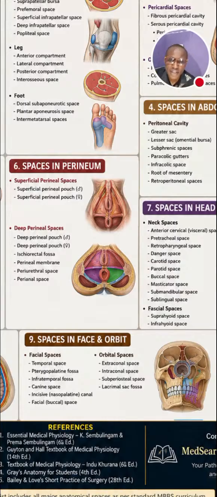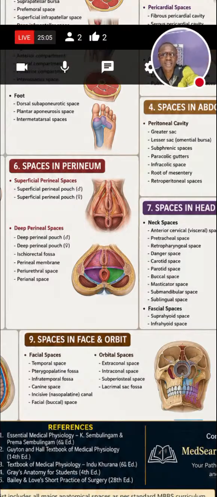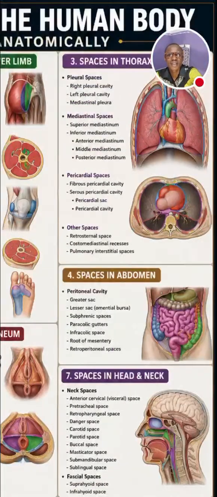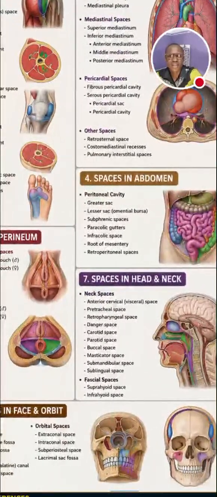Spaces in the face: temporal space, pterygopalatine fossa, you remember the palatine bone, infratemporal fossa, canine space, that has to do with the canine teeth, incisive canal, that's palatine, where you have the incisors in front here. Facial buccal space. What other space do we have? We look at spaces in the thorax, spaces in the head, and neck.